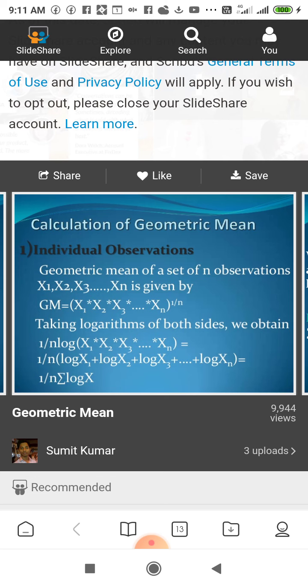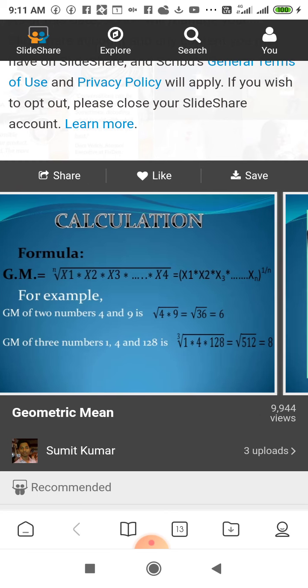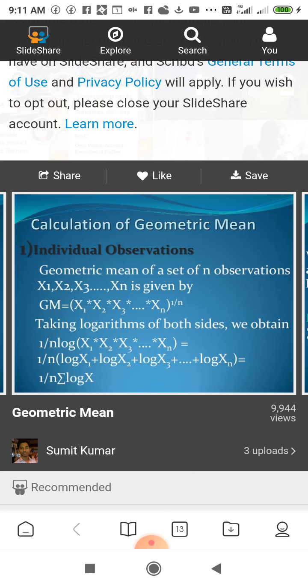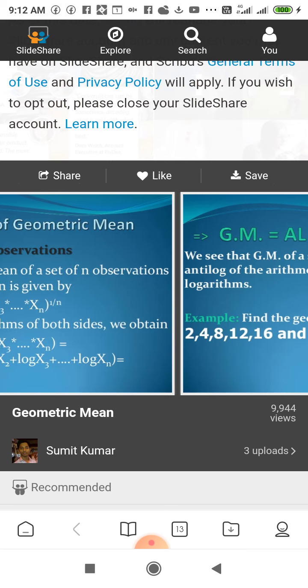So 1 upon n log x1 plus log x2 plus log x3 dot log xn, or that will be 1 upon n sigma log of x. So this is the formula to calculate the geometric mean of many data: 1 upon n sigma log x.